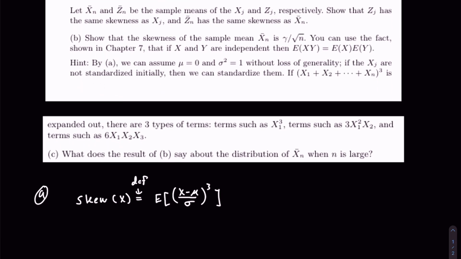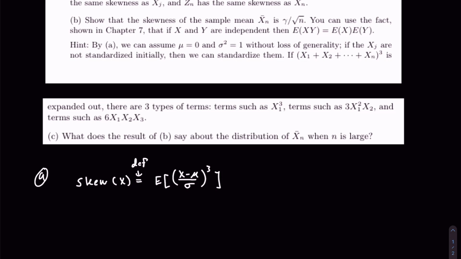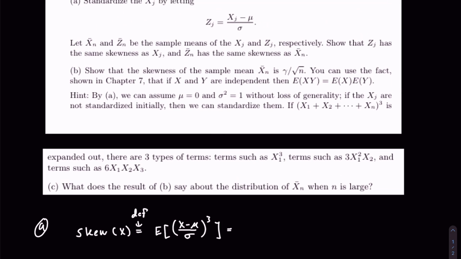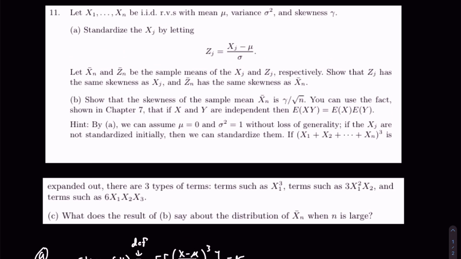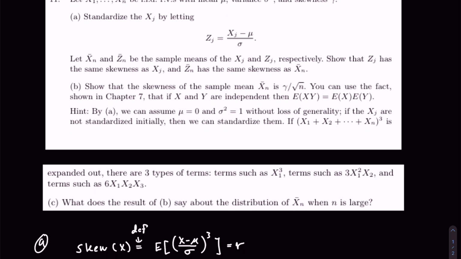We take an expectation of that. Okay, and this, just by definition, is gamma, right? It was given in the starting information here.